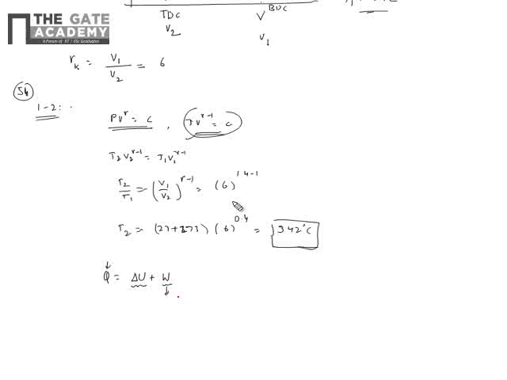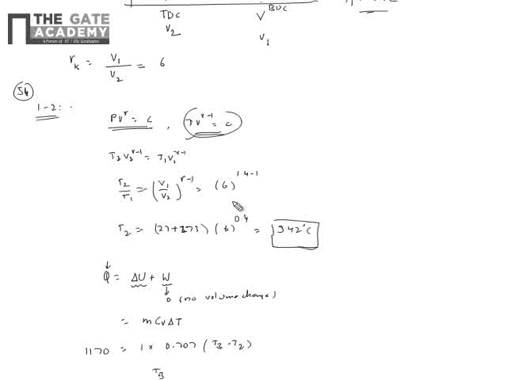Work done is 0 because there is no volume change. Delta U for an ideal gas is m CV delta T, and m is 1 kg. CV is given as 0.707 kilojoules per kg K. Delta T is T3 minus T2, and Q per kg is 1170.